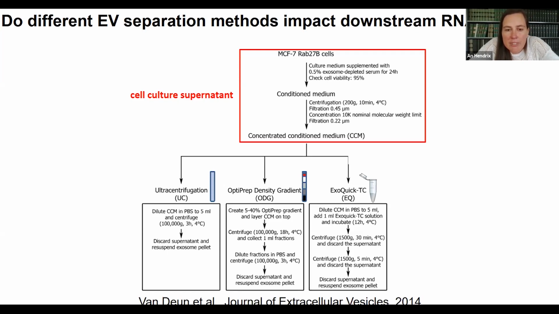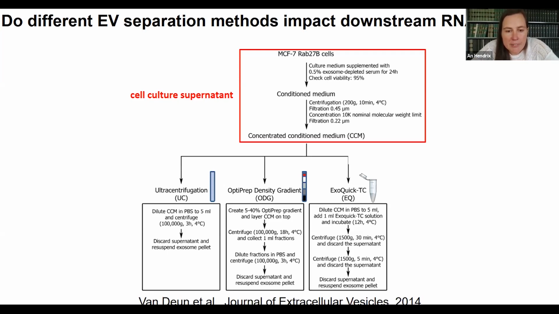The third method that we included in this comparison is the commercially available kit ExoQuick. ExoQuick exploits polyethylene glycol to precipitate biological material from a sample. The advantage of using PEG is that we only need low-speed centrifugation steps to pellet down this material.